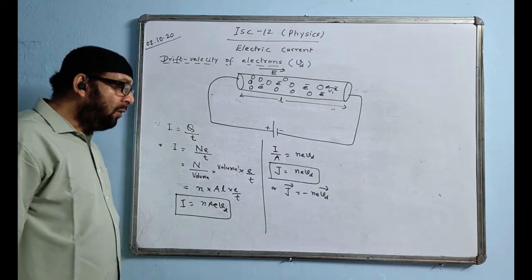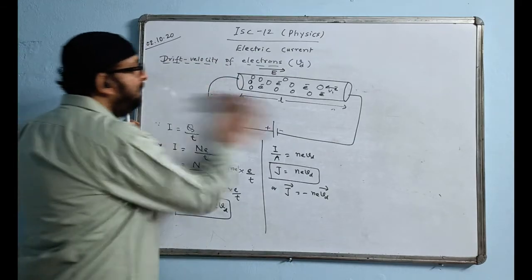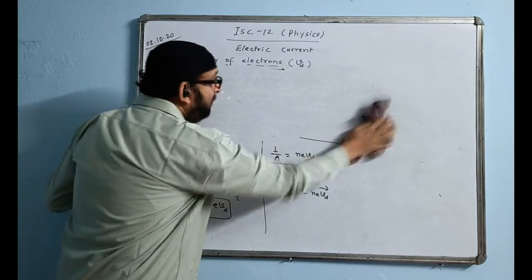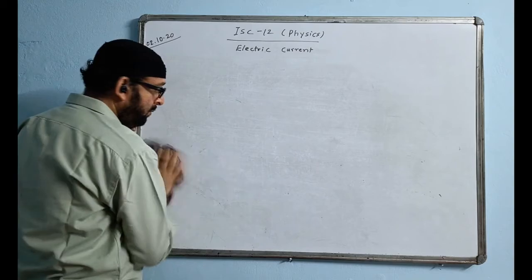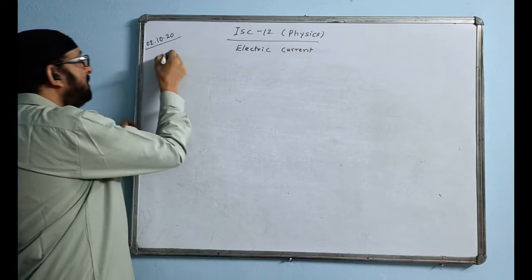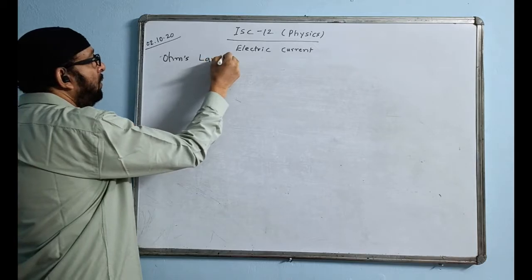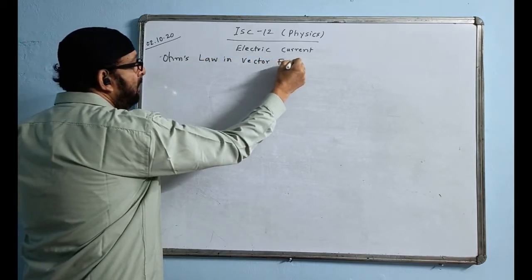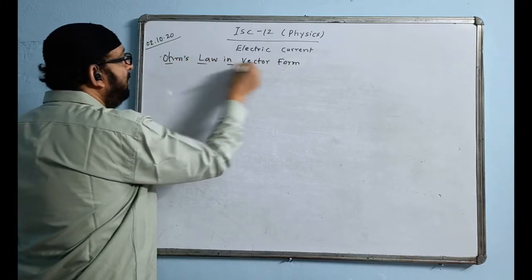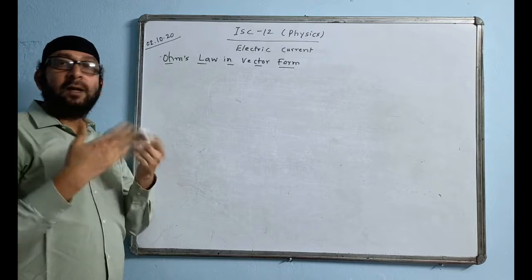Okay. Now you can give next heading: Ohm's law in vector form. This is important. Ohm's law in general form we have V equal to IR.